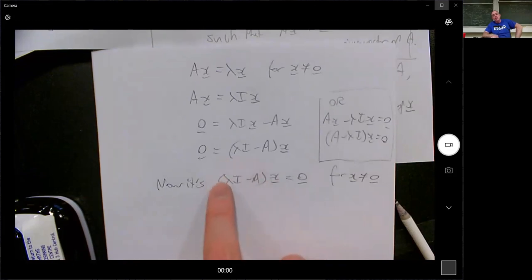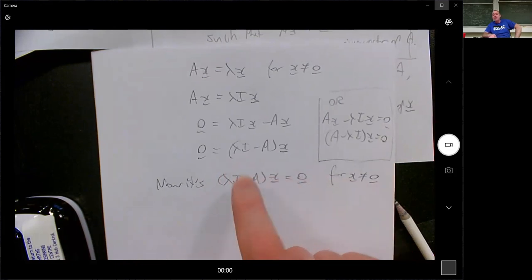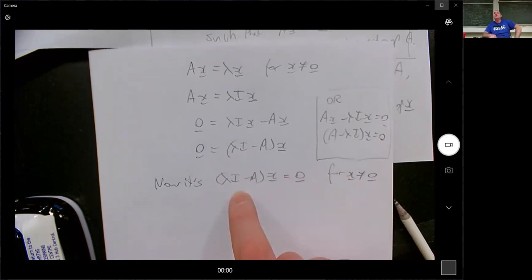If this matrix, whatever it was, if I chose a number lambda and figured out what this matrix was, and if that matrix was invertible, then the only answer for x would be 0. And so if I want this to work when x is not 0, that matrix has to not be invertible, which means its determinant has to be 0.